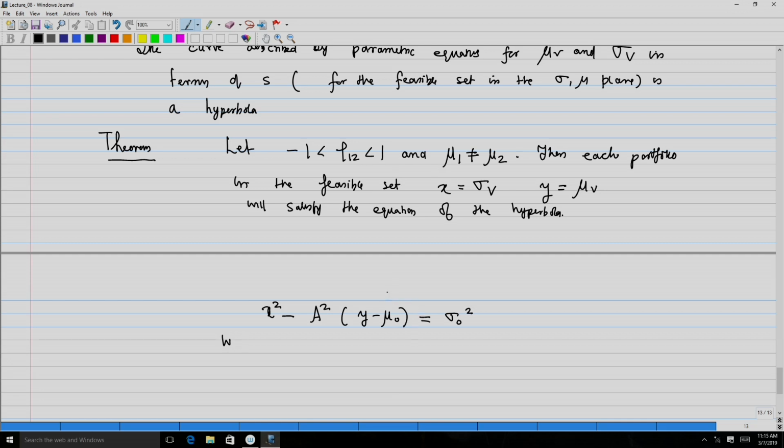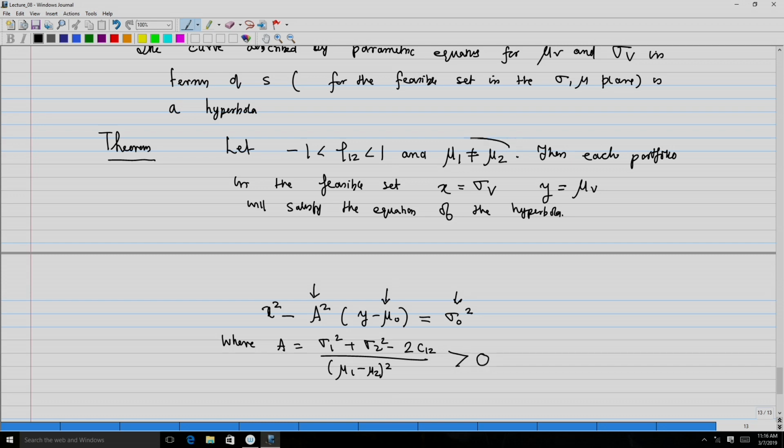Now, here we already know what is mu naught and sigma naught. These are the mu v and sigma v respectively when S is equal to S naught, that we have already obtained. And one additional term that I have included here, I will specify that now, where A is equal to sigma 1 square plus sigma 2 square minus twice C 1 2 divided by mu 1 minus mu 2 square, and this is greater than 0.